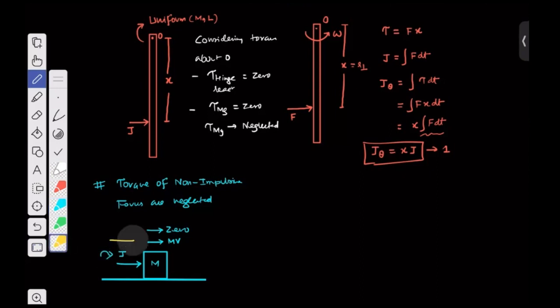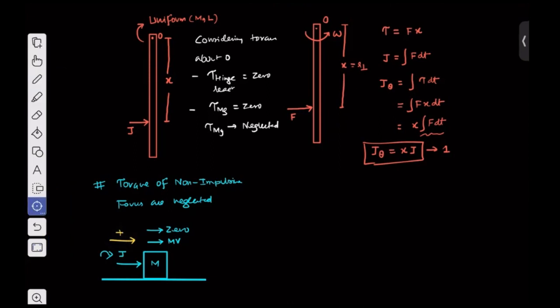What we did there was we considered the direction of the impulse to be taken as positive. Now, what we have is only one force causing a torque which is impulsive in nature. So there's only one impulsive torque, which is the torque of this force. I'll try to relate this. See, here I have only one impulse, the impulse of this force.